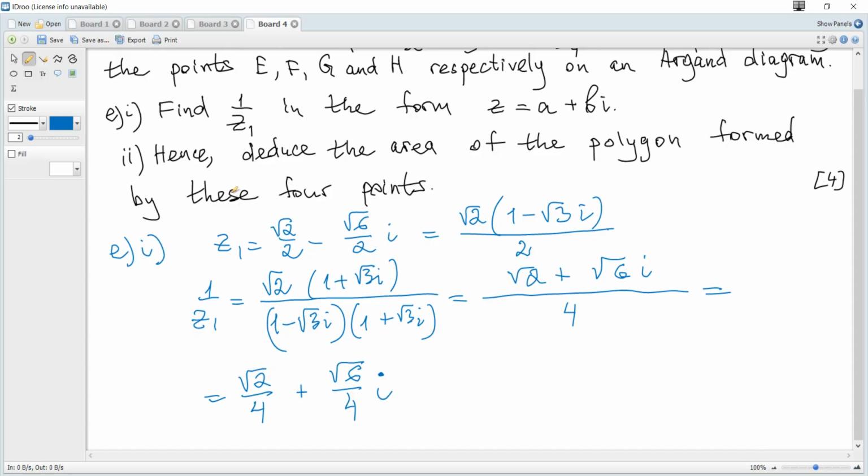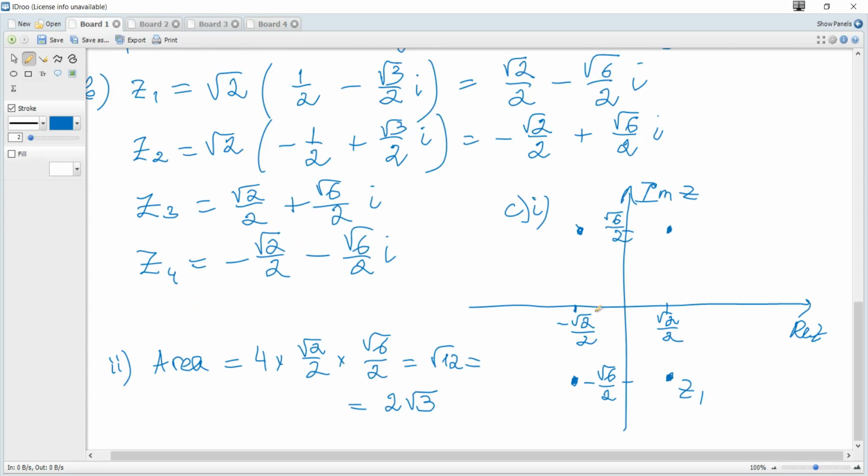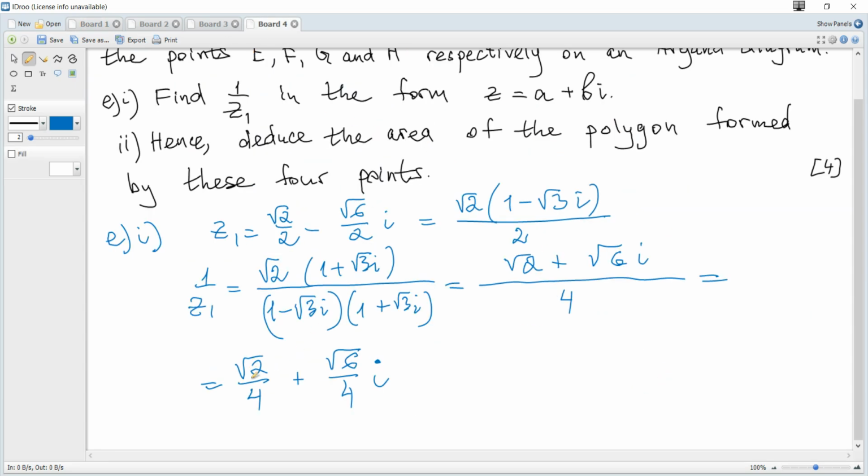And hence deduce the area of the polygon formed by these 4 points. You can see that it was like this, 4 points, and now we consider this point, root 2 over 2 and negative root 6 over 2, and it becomes root 2 over 4 and root 6 over 4.